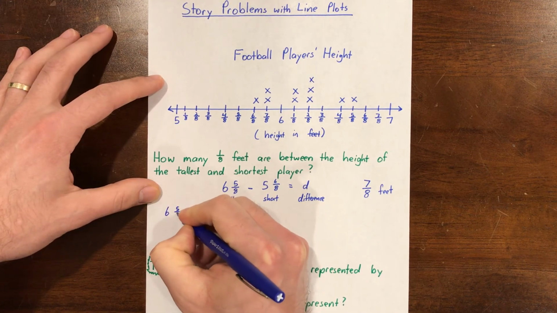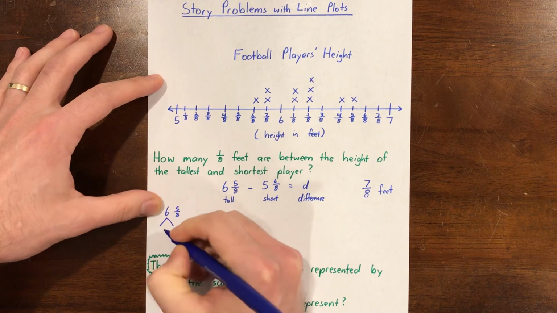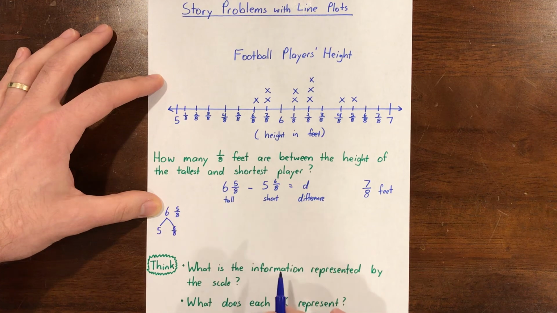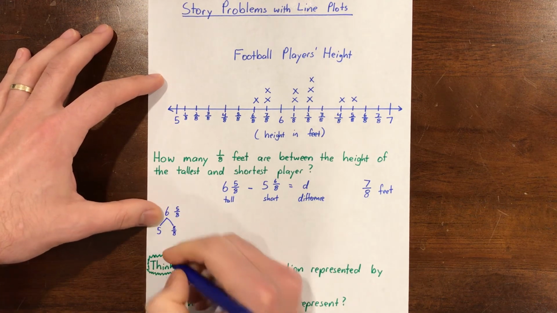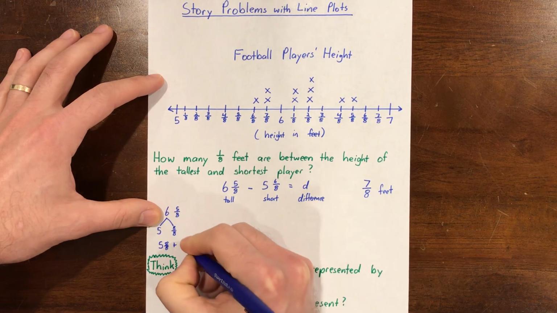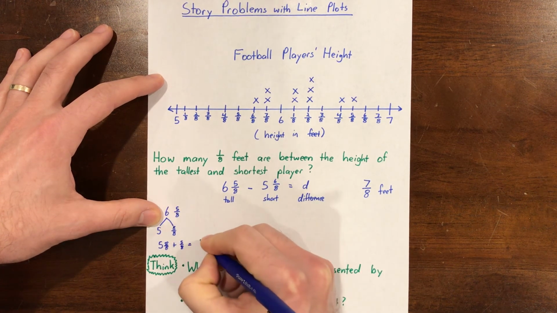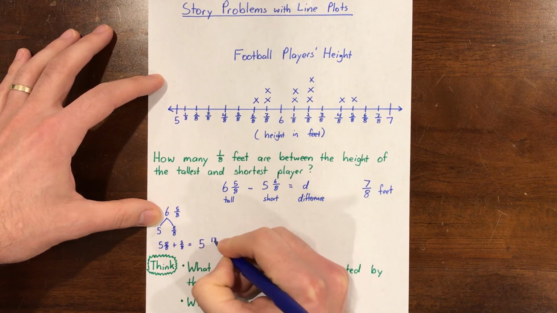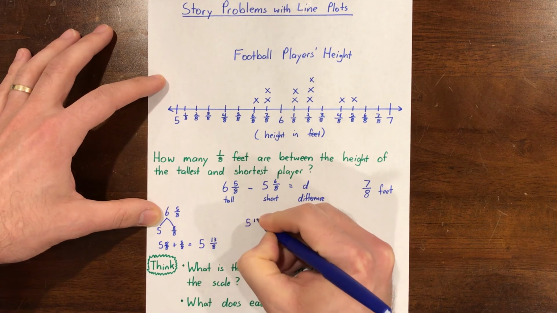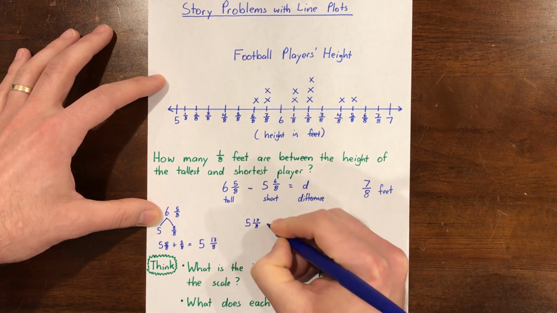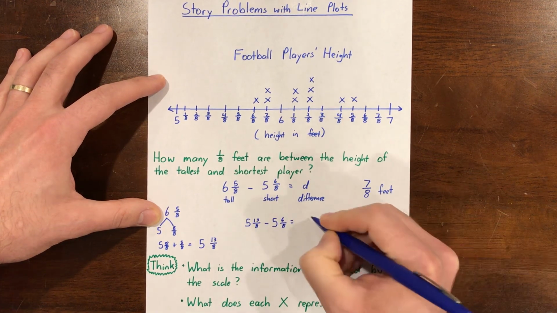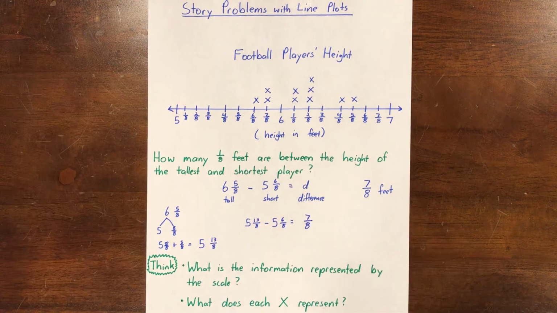In our 6 and 5/8, we would need to regroup one of our wholes to give us additional eighths so that we could subtract 6/8. So we'd have 5 and 8/8, right? Plus the 5/8 we already had. That's going to give us 5 and 13/8. So we would take the 5 and 13/8, subtract 5 and 6/8, and once again we get 7/8. Great.